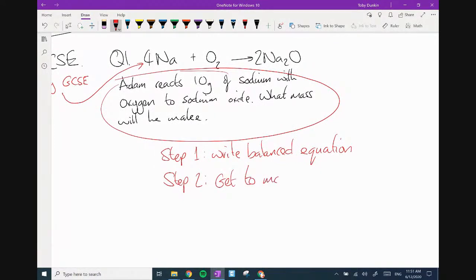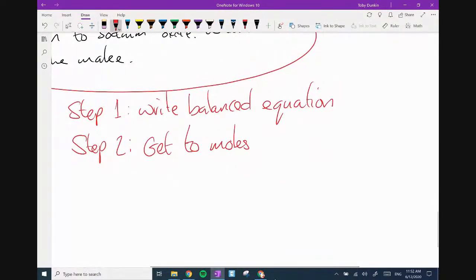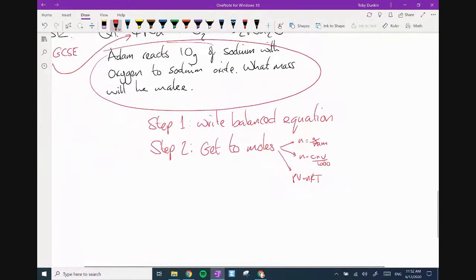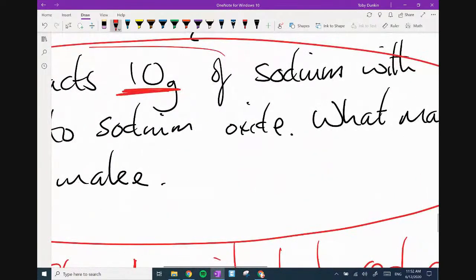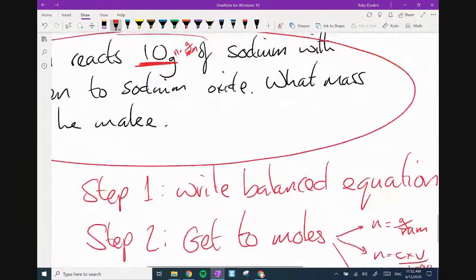What this means is now for you guys, get to moles means that you're either using grams over Mr, you're either using number of moles equals C times V over 1,000 if you're in centimeters cubed, or you're using PV equals nRT, whichever one is needed. In this case, we're using grams over Mr. This is what flags up our equation, the bits of data in the question.